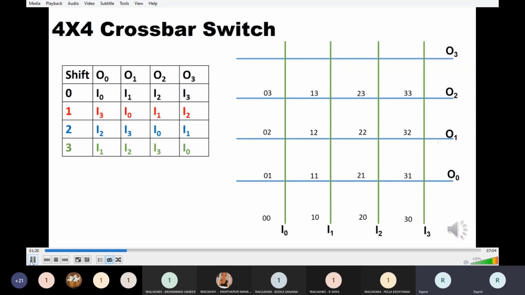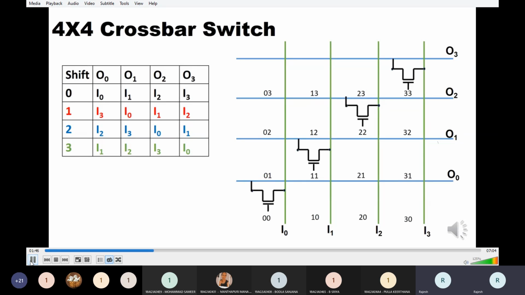Now, if we want a zero shift, we require 4 transistors. Their gate controls are 0,0, which connects input 0 to output 0. Similarly, gate control 1,1 connects input 1 to output 1. Gate control 2,2 connects input 2 to output 2.